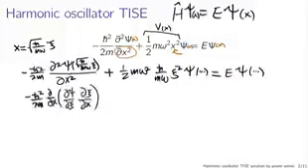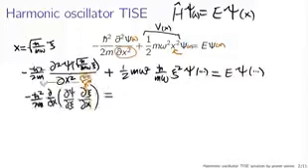And I know how to take the derivative of xi with respect to x, because I know xi is a function of x. This is just going to give me the square root of m omega over h bar. That's what I get if I solve for xi and then just differentiate with respect to x. This can then be pulled out front.